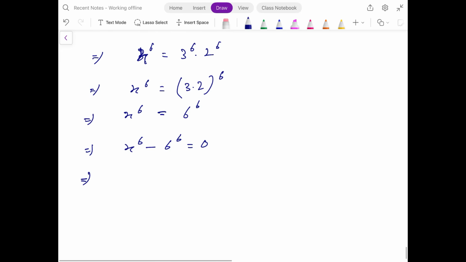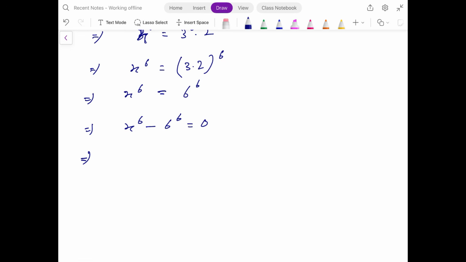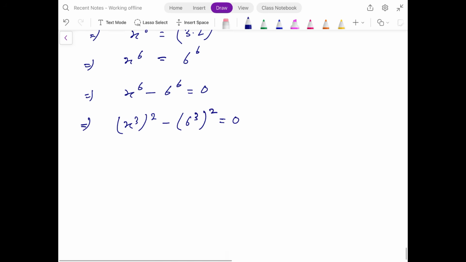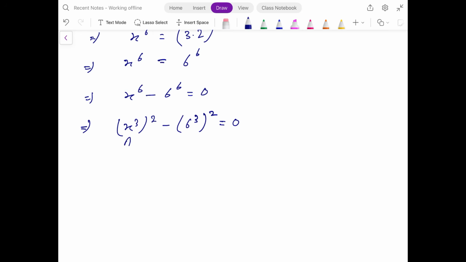Further, this equation can be written as (x^3)^2 minus (6^3)^2 equal to 0. So if we consider x^3 as a and 6^3 as b, the left hand side of this equation becomes a^2 minus b^2, and the right hand side there will be 0. So the equation becomes a^2 minus b^2 equal to 0.